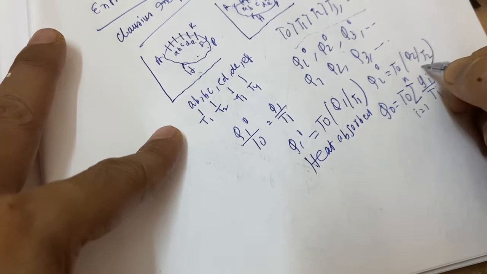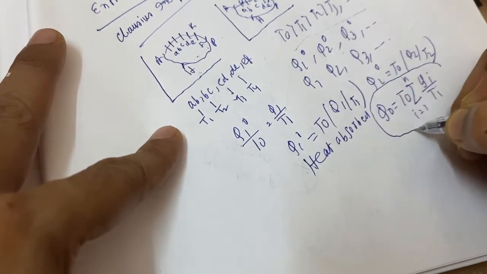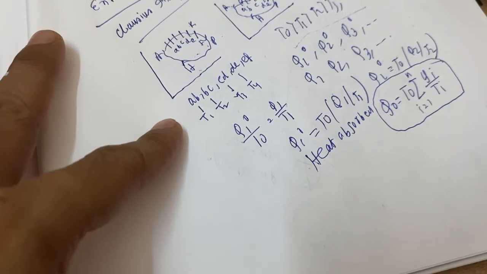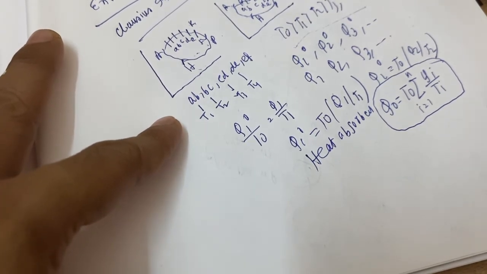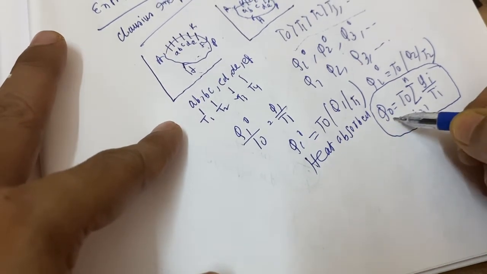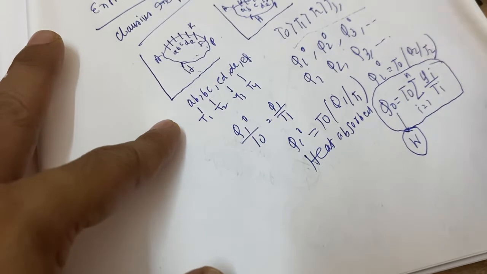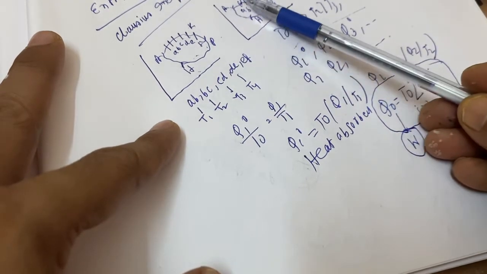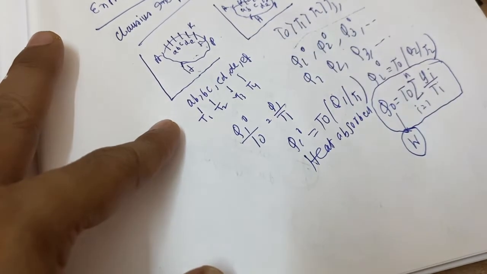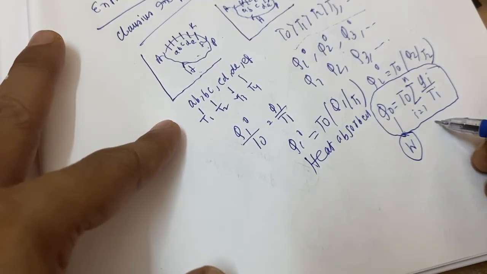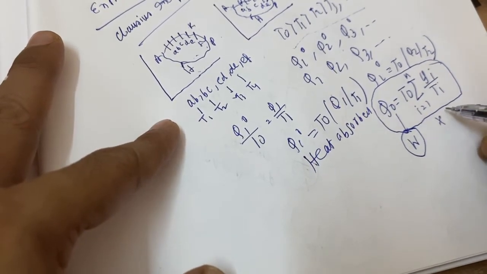This amount of heat is extracted from the hot reservoir at temperature T0 and all of it is converted into work, because there is no heat gain during the process AKBHA. So this is a complete violation of the second law of thermodynamics.